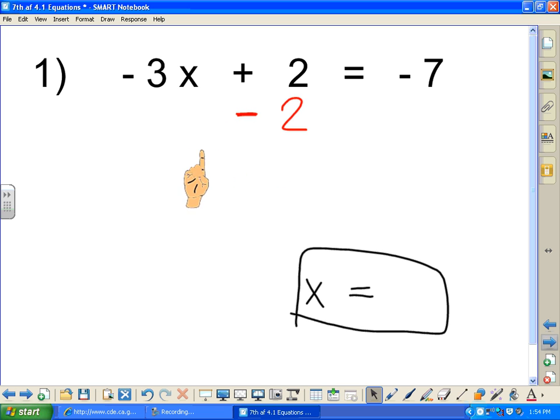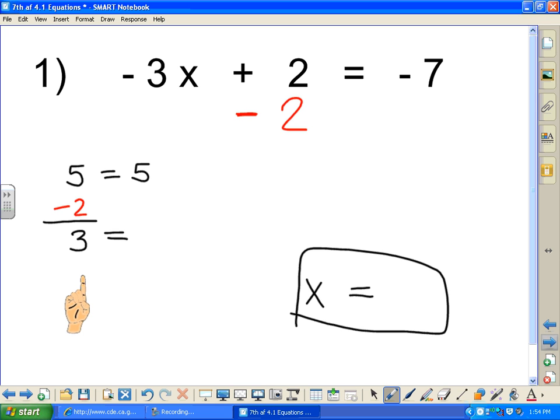Let me step back here and go over this. If I had an equation like 5 equals 5, isn't this equation true? 5 does equal 5, right? Now, let's say that I took away 2 on one side of the equation, but I did not do so on the other side. What ends up happening? I end up getting a 3 on one side and a 5 on the other. And does this mean that the 3 equals the 5?